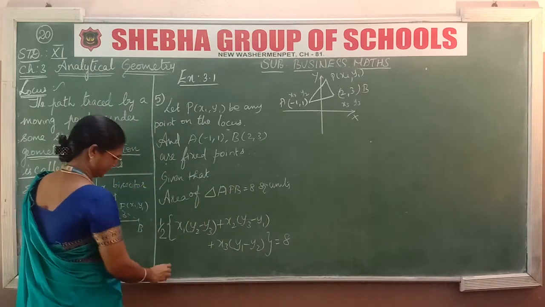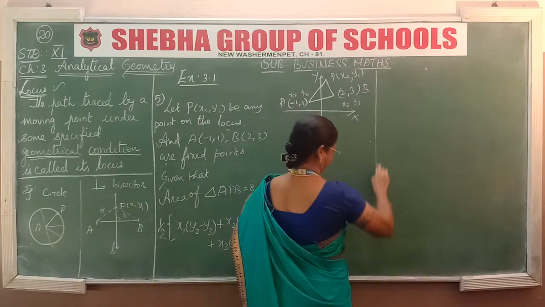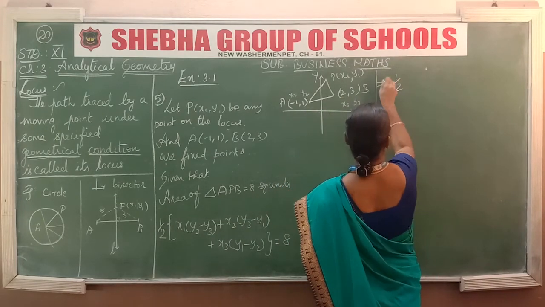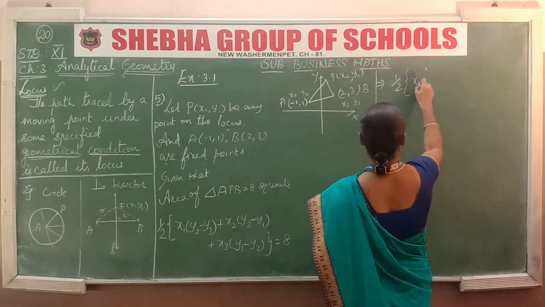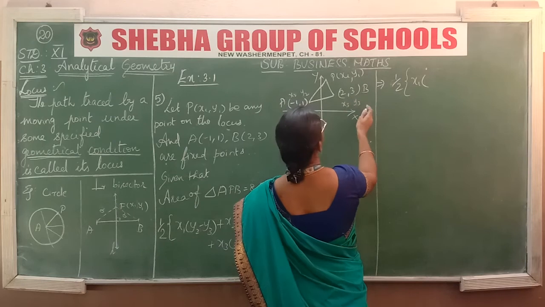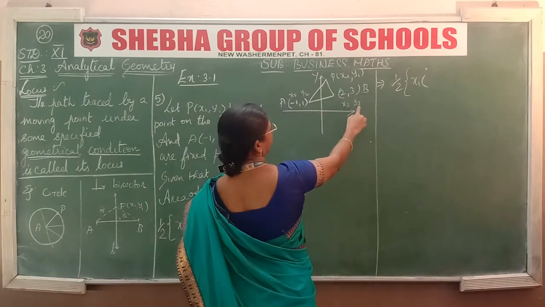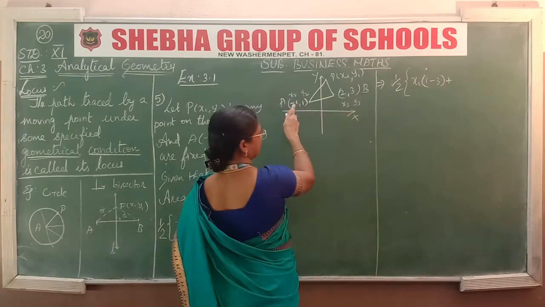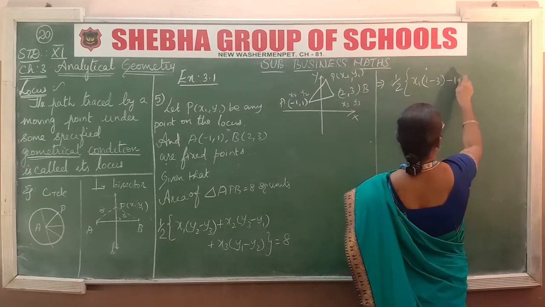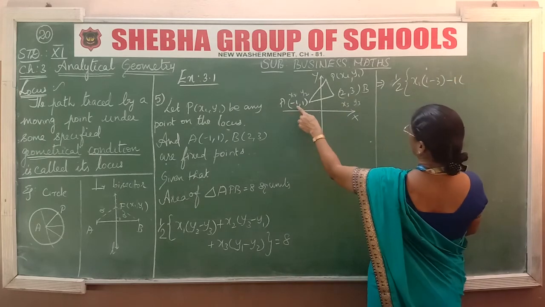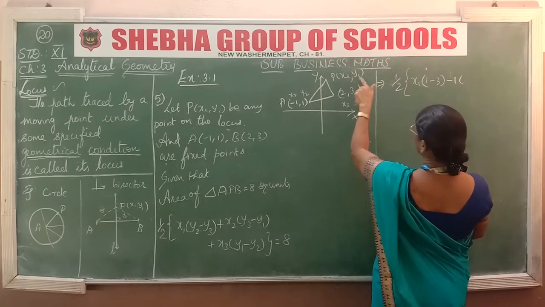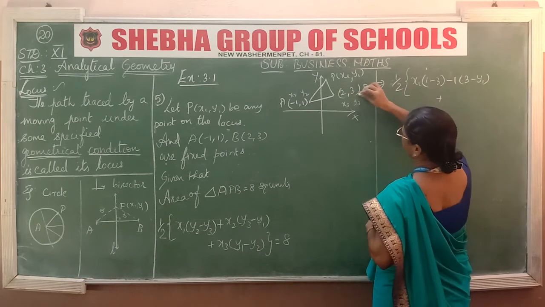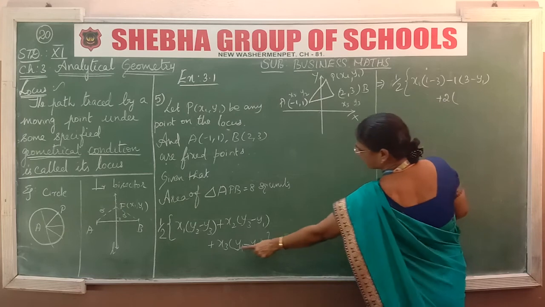Substituting the values here, we get the area of the triangle equal to half into x1, and y2 is 1 minus y3 is 3, (1 − 3), plus what is x2 here? x2 is −1, so −1 into (3 − y1), plus next x3 is 2 into (y1 − y2).